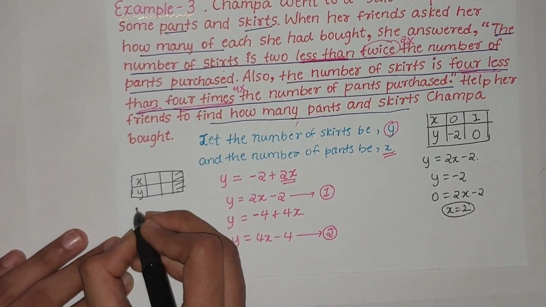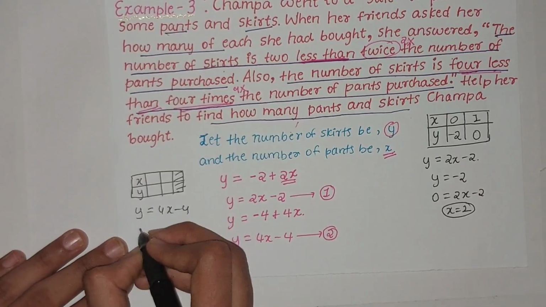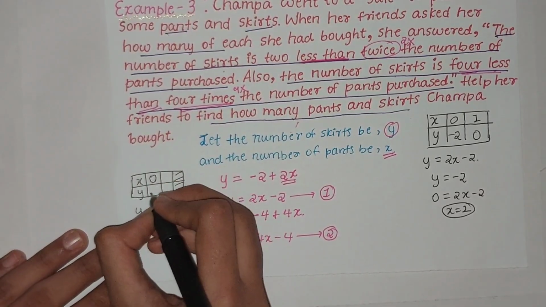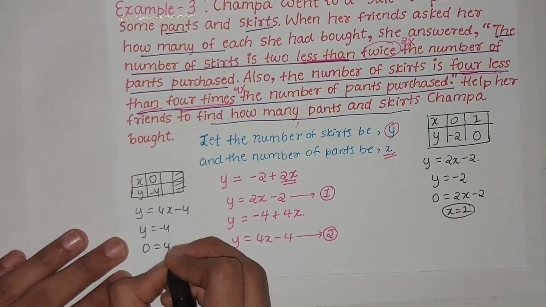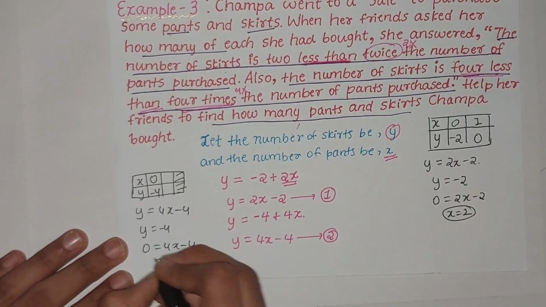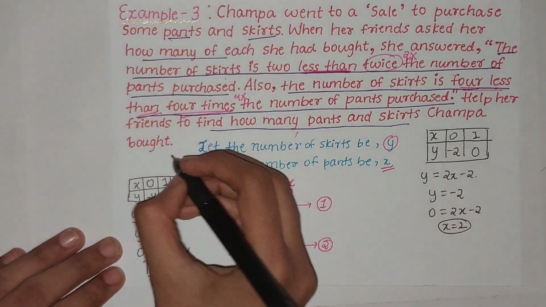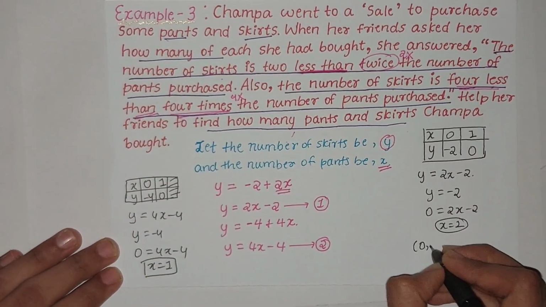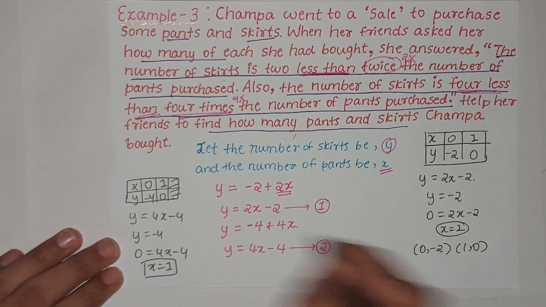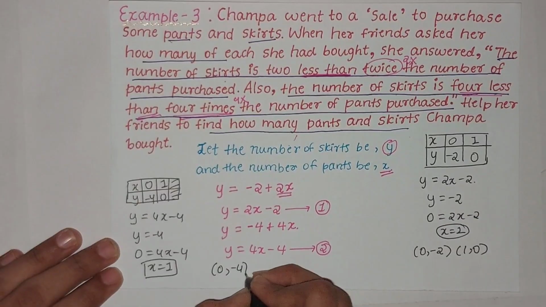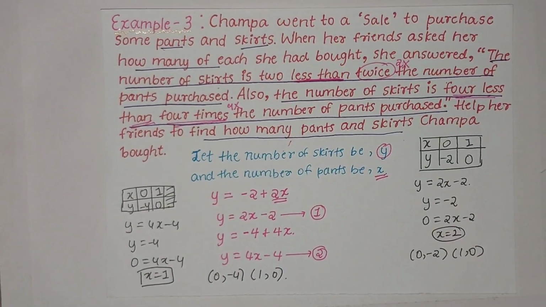If I put x is equal to 0, then I'm getting y is equal to minus 4. And if I put y is equal to 0, then x is equal to 1. So your coordinates are, for the first equation, 0 comma minus 2, 1 comma 0, and for this 0 comma minus 4, 1 comma 0.